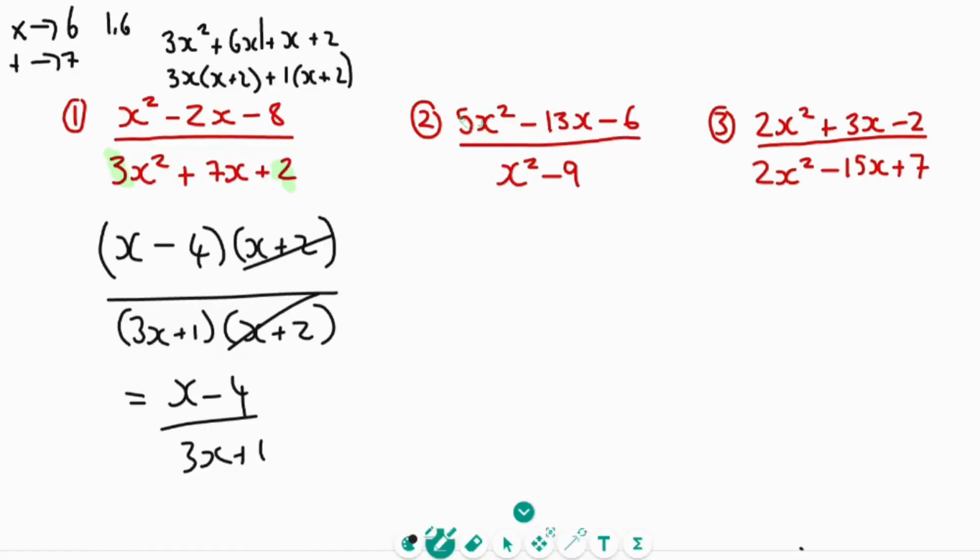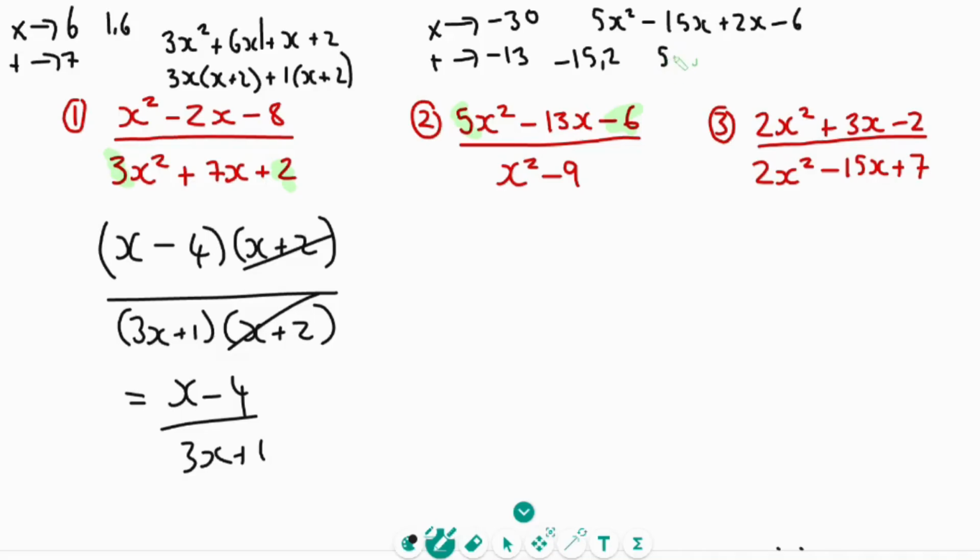Let's split down the middle for the numerator this time. 5 times negative 6, negative 30. Looking for two numbers that multiply to give us negative 30, add to give us negative 13. They are minus 15 and 2, because minus 15 times 2 is minus 30, minus 15 plus 2 is minus 13. So we've got 5x squared minus 15x plus 2x minus 6.